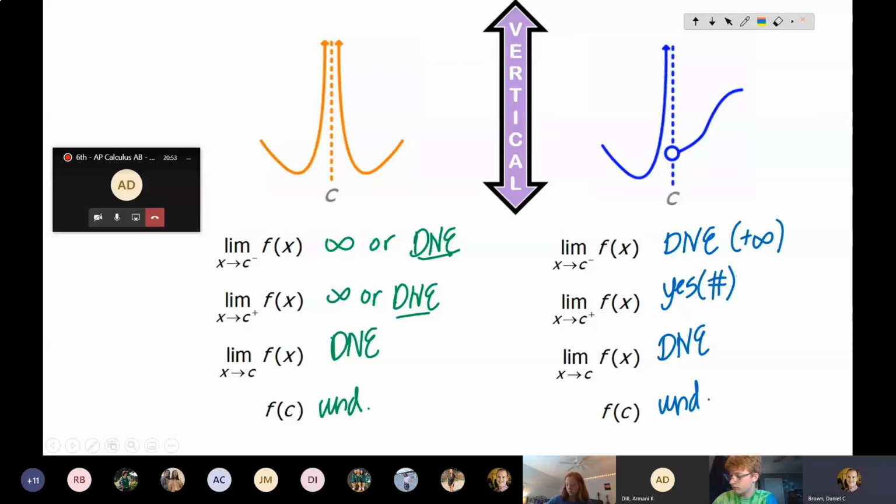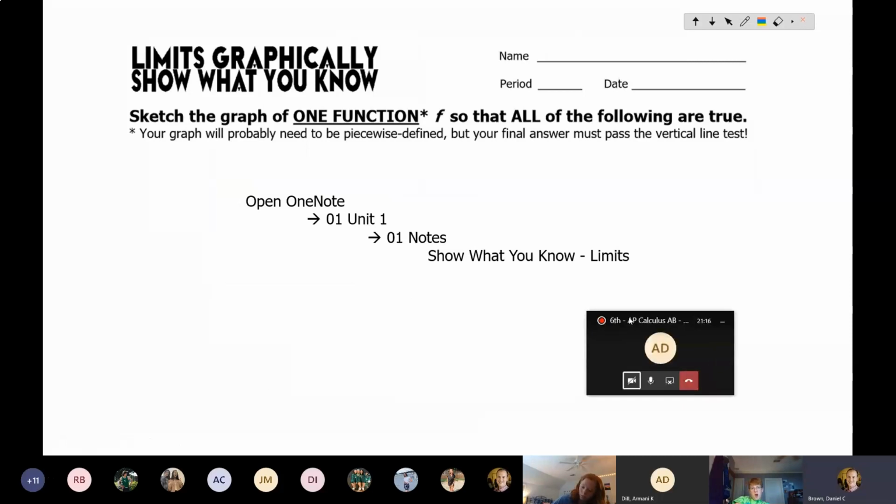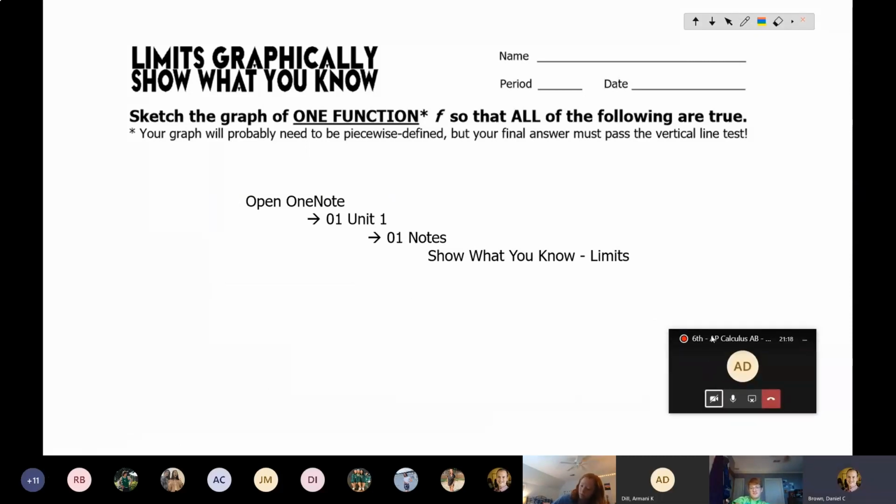So between yesterday and today, we looked at a whole bunch of different examples dealing with limits graphically. So now I want us to have a chance to get it all together. Now I've had some halfway success with me sending out pages in OneNote, so we'll see how well 6th period stuff was sent out today. But I shared with you sometime yesterday a handout that I would like for you to try.